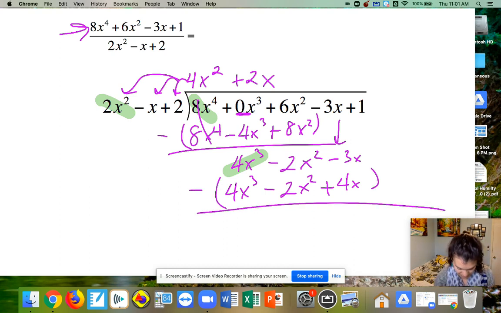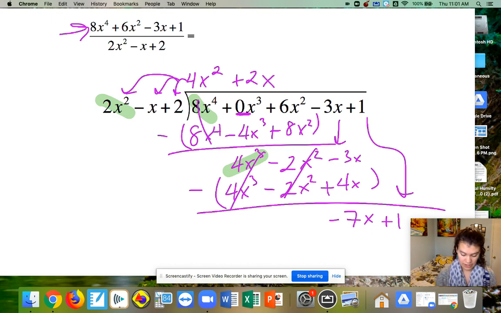So at this point, this one cancels like we wanted. Conveniently, this one also cancels because we're subtracting the same thing. And then negative 3 minus 4x is going to give you negative 7x. I'm going to bring this down. And at this point, I want to figure out, is there any way to get 2x squared to look like negative 7x?